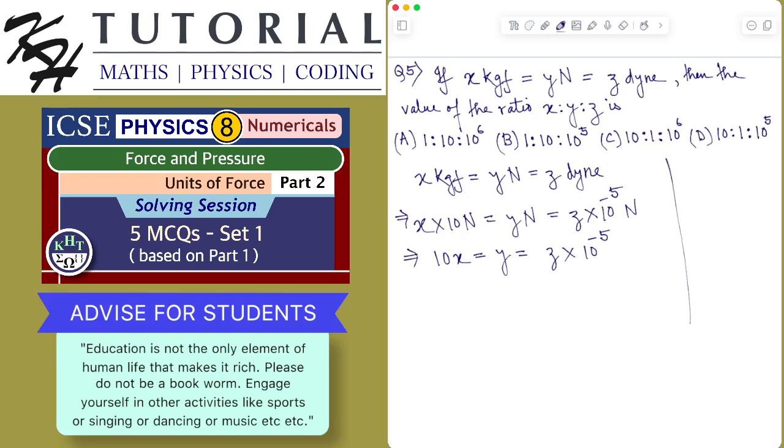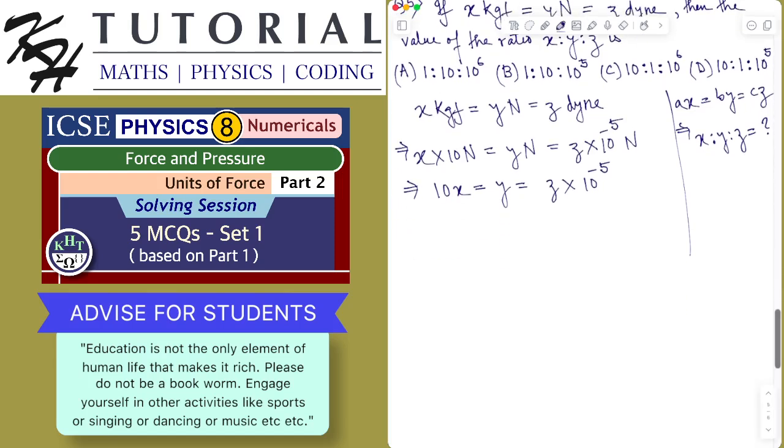If you are given some equation like ax is equal to by is equal to cz, where x, y, z are some unknown quantities and a, b, c are some constants, and you are asked to find what x is to y is to z will be, I hope you know how to find this from your concept of the ratio and proportion chapter of mathematics.